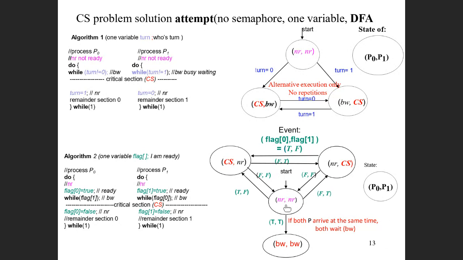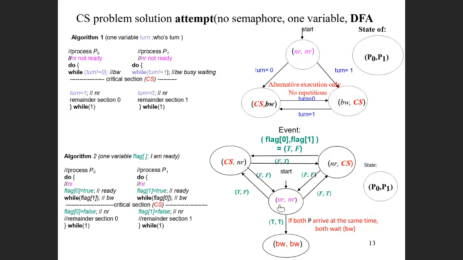So if we start with both being not ready, we have two arrows which lead from this state to other states. So if the flag of 0 is true, the flag of 1 is false, obviously the process P0 is allowed into the critical section. The second process is still not ready.